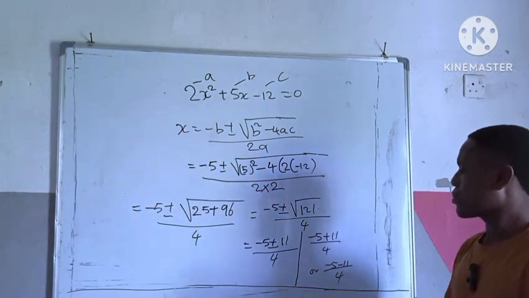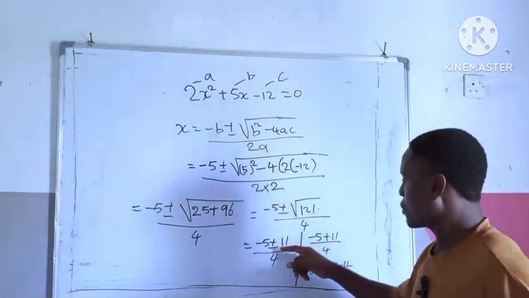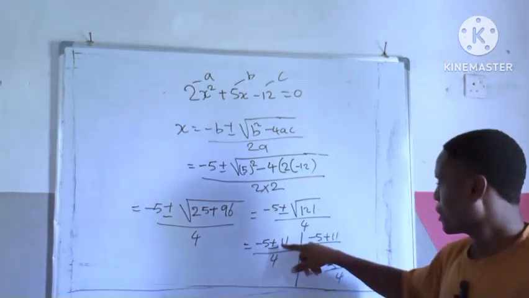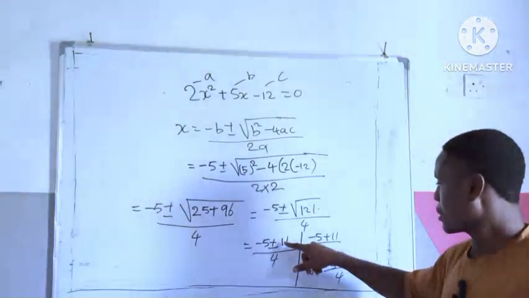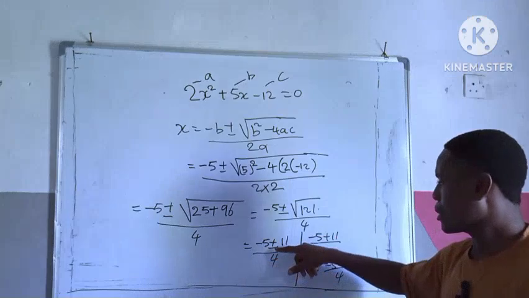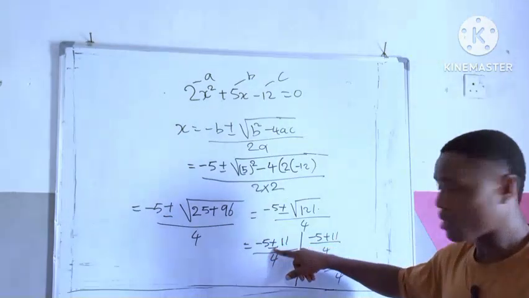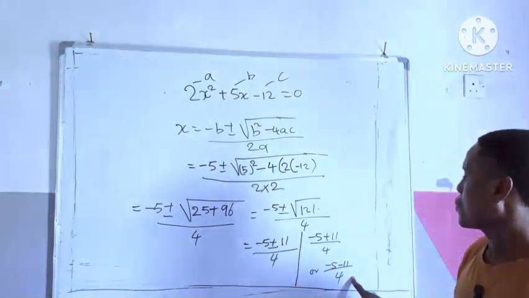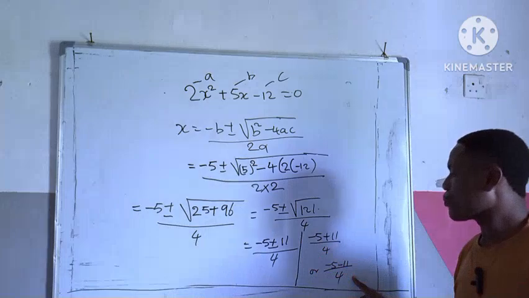Now look at it, we have 2 signs here. The first one, we have minus 5, the first sign is plus, plus 11 all over 4. While the second one is minus 5, then we make use of the second sign, minus 11 all over 4. Now, press your calculator.